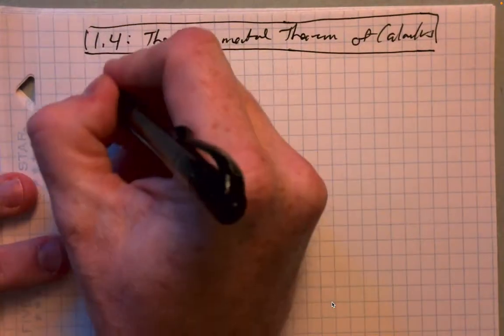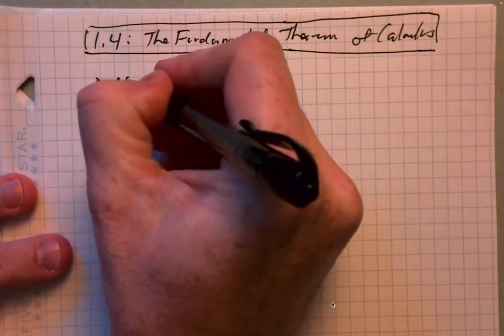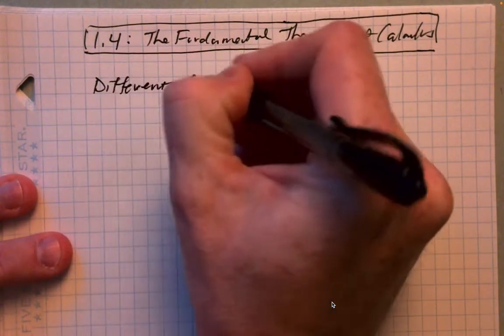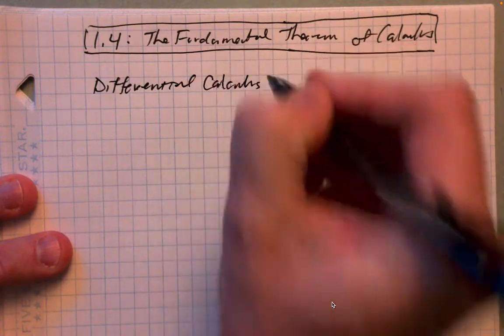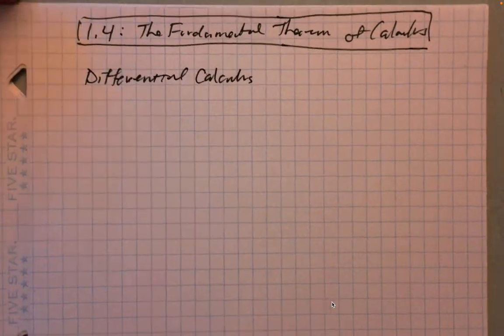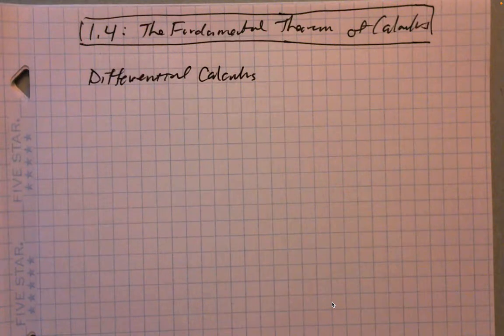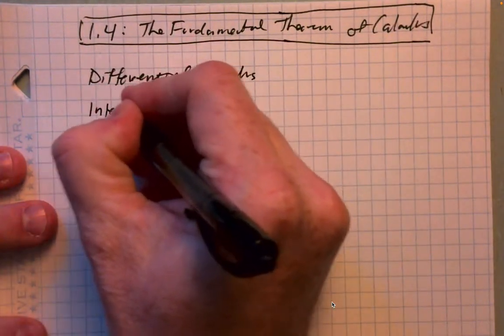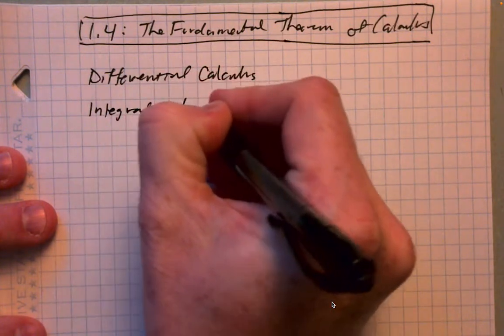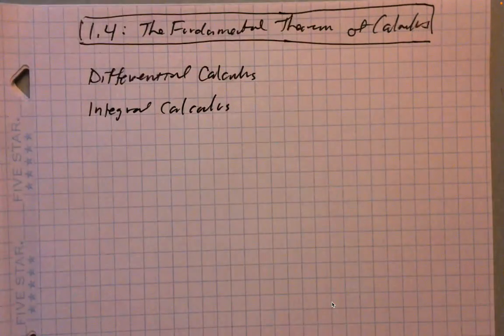So we have the differential calculus, and that's the one that we mostly occupy ourselves with for calculus 1. And we have the integral calculus, and that's the one that we're kind of venturing into now.